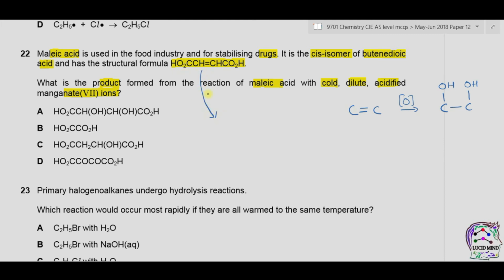So for this compound we can see that we have C double bond O, OH on one side, then we have CH double bond, then CH, then again the carboxylic acid functional group. So upon reaction with cold dilute acidified manganate ions, this double bonded carbon will be converted into diol. So the product formed will be OH on this carbon atom, the double bond converted into a single bond, OH on this carbon atom.